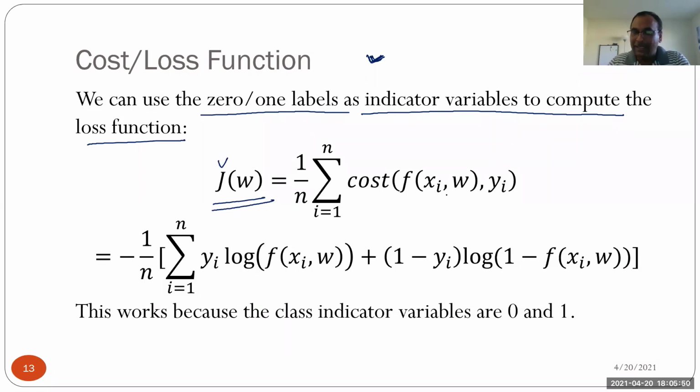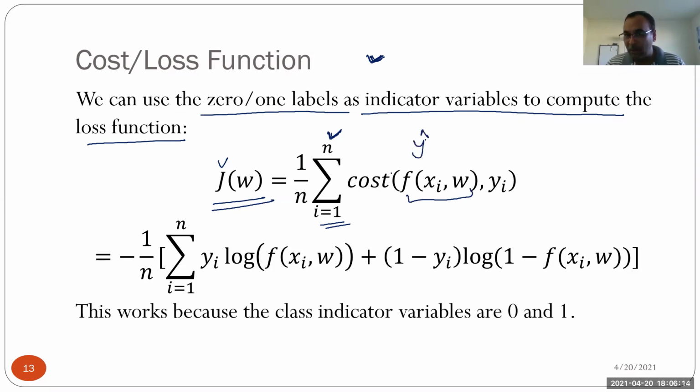Then what do we have here? We want to add the cost associated with each data point. We have n data points, i starting with 1 and going to n. There are n samples which we are using for training. Now we need to see how well our model is doing in the learning process so that we could optimize that. So the cost with f(xi, w), this is what?